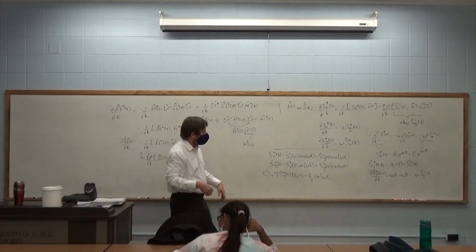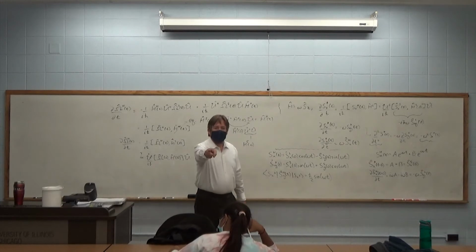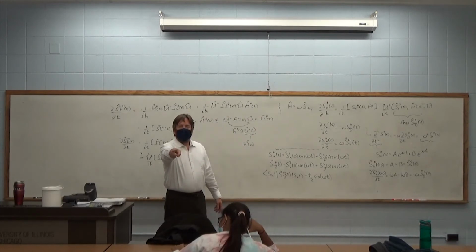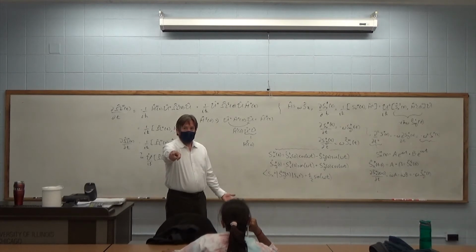Right, so now you see why. I was trying to trick you there, because if the Hamiltonian was in the x direction and the state is Sx plus, what happens? What do you think would happen if the magnetic field and the state were pointed in the same direction?